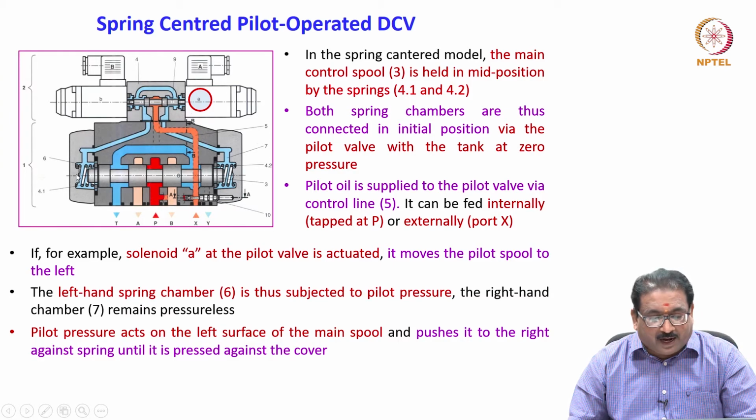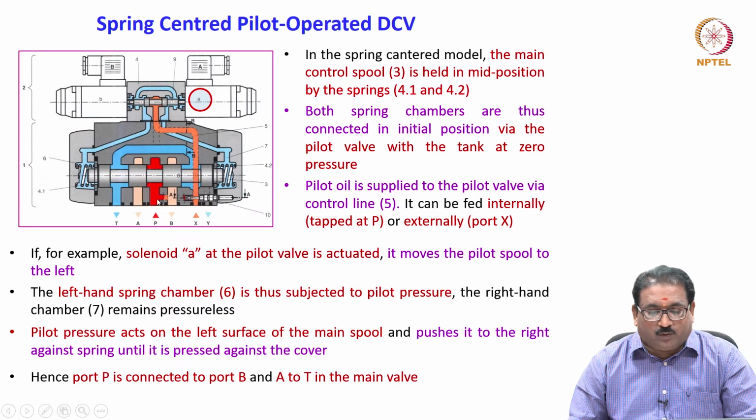Pilot pressure acts on the left surface of the main spool and pushes it to the right against the spring until it is pressed against the cover. Hence, P is connected to port B and A is connected to the tank. When it pushes here, what happens?